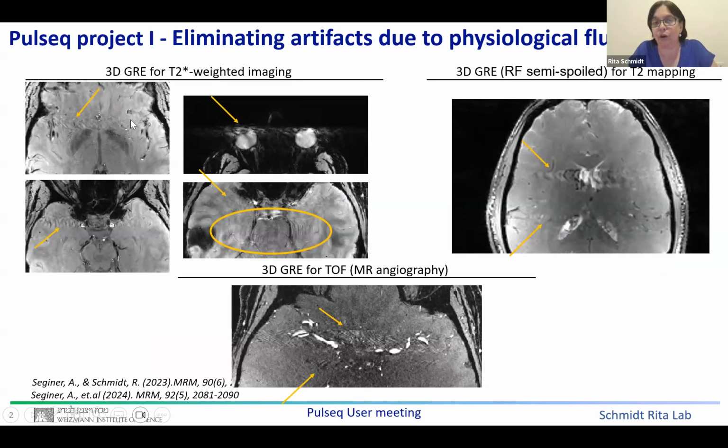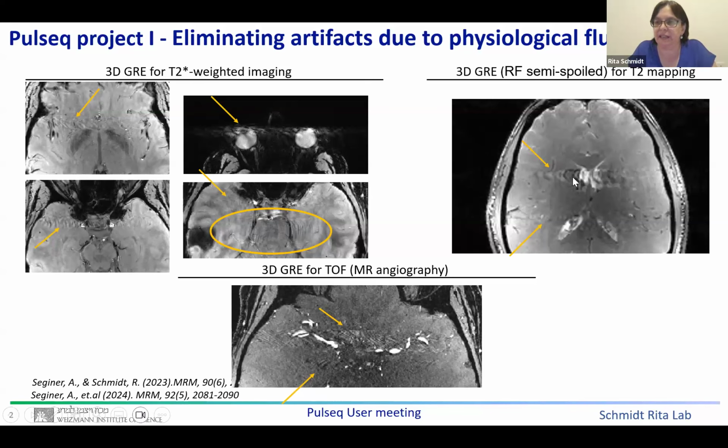On a common T2 star weighted GRE, you can see those stripes due to vessel artifacts, which are due to cardiac frequencies. You can see some stripes in the middle of the brainstem. There are also fluctuations that are not exactly periodic, but there's some periodicity in them.